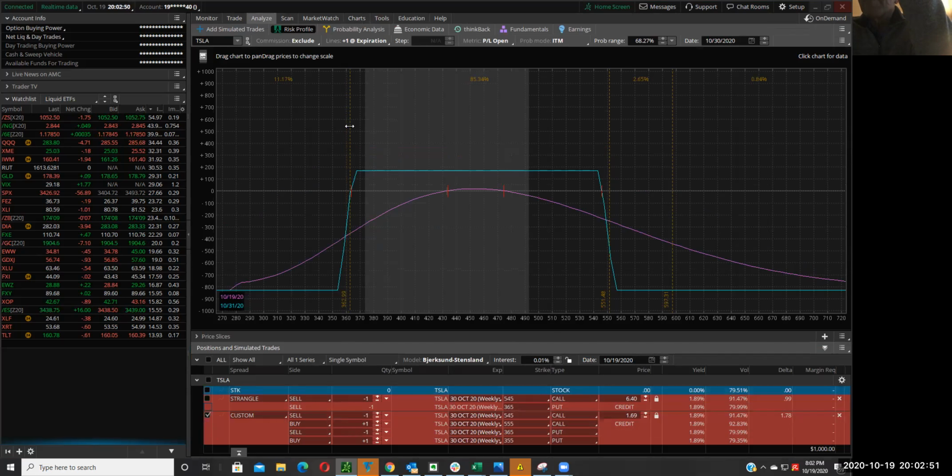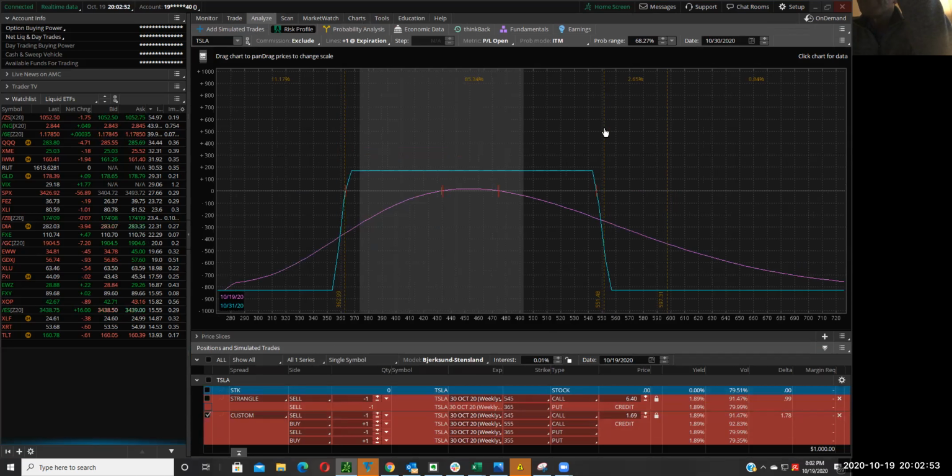So now we get a trade that has an 84% probability, 84.82% probability of profit. Your maximum loss is $831 on the downside. Your maximum loss is $580 on the upside. And as long as it closes between these two, you make $169.